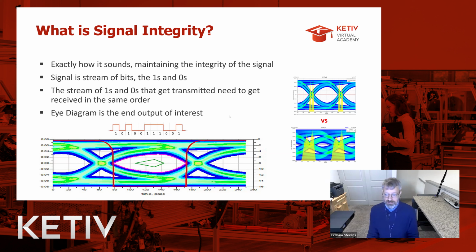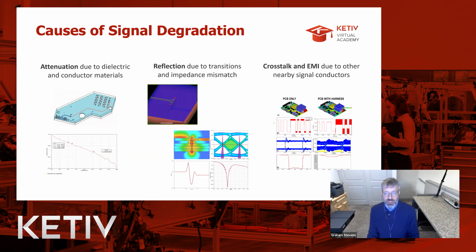And your typical analysis tests a design by throwing a stream of 1s and 0 bits at it, and then determining what comes out at the other end. And that's represented in an eye diagram here in terms of how well the signal was passed. And when we think about the design causes of signal degradation, it can be attenuation due to dielectric and conductor materials, reflections due to transitions or impedance mismatch, and you might have crosstalk or EMI due to other nearby signal conductors.